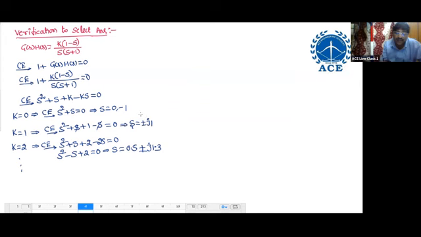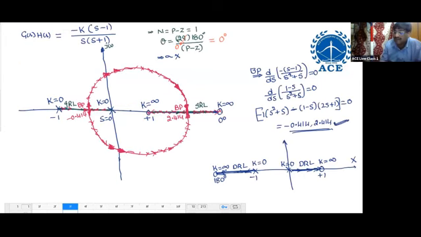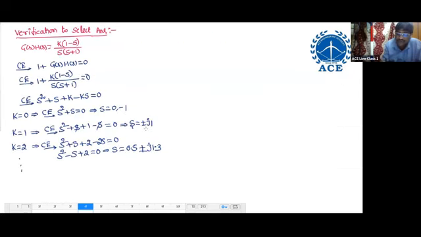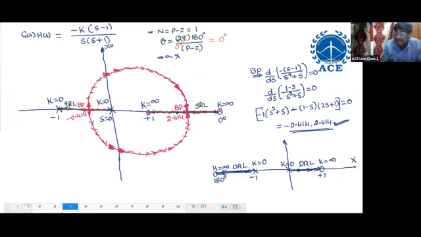For example, k equal to 0: poles at 0 and minus 1. Check it. This is the direct root locus, which is wrong. Still check it. K equal to 0, where is the pole? At 0 and minus 1. Here also 0 and minus 1. Next, K equal to 1. The pole should be at plus or minus j1. If K equals 1, is there a pole anywhere on the imaginary axis?